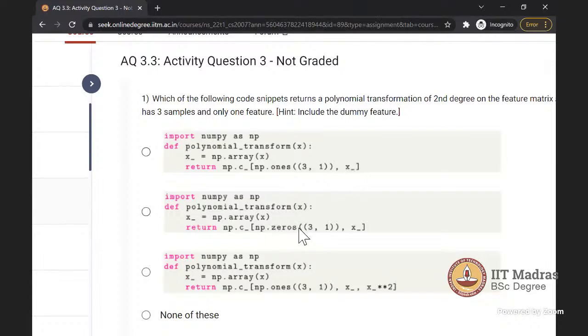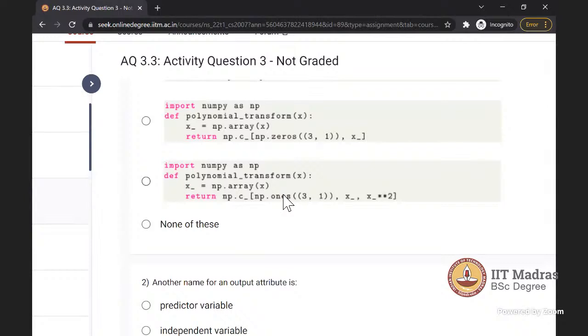The next one is exactly the same thing. In the third one we now have 3 column vectors. The first one is the dummy variable, the second one is X itself, and the third one is X raised to the power 2. I think the third one should be the right one.